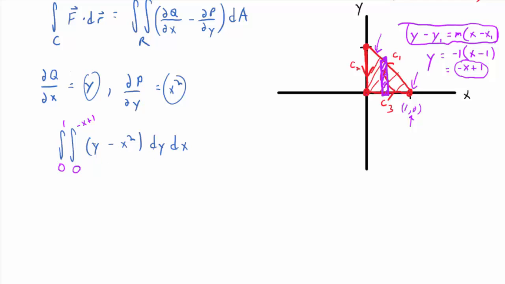Close it out. Integrate with respect to y first. What do you get? Well, y times x, or x times y, right? And then minus what? Minus x squared y?